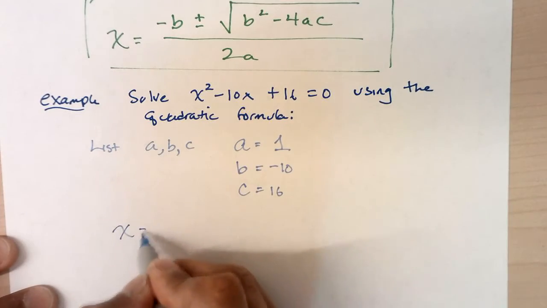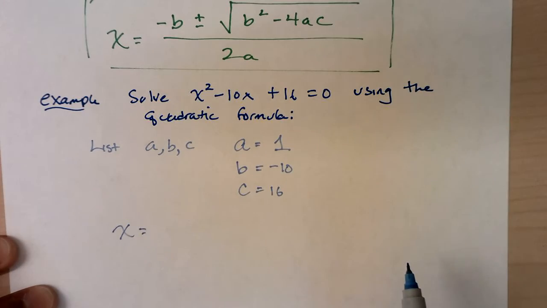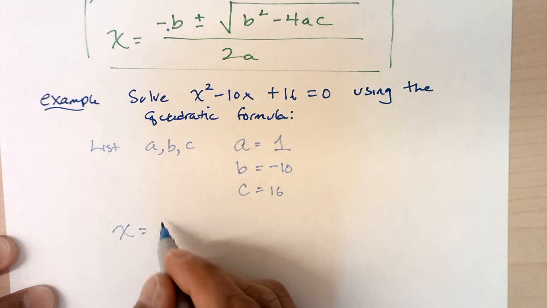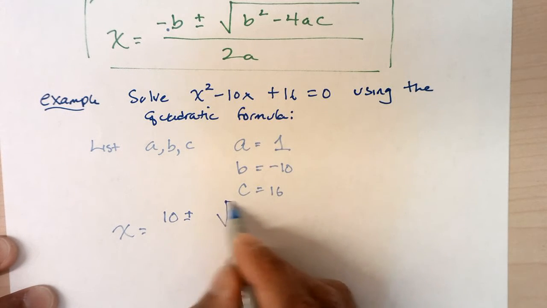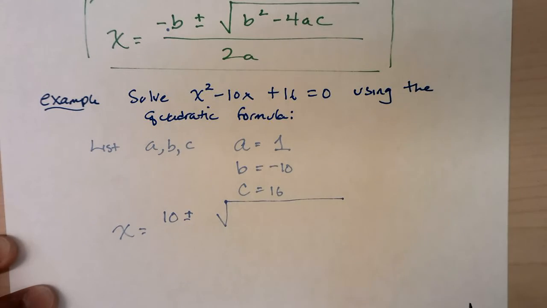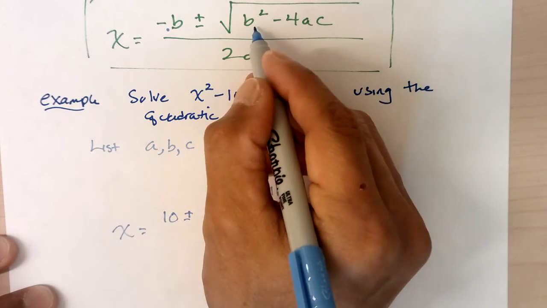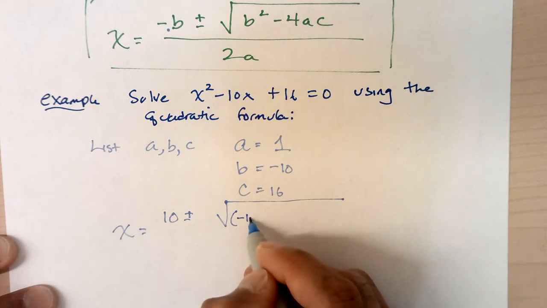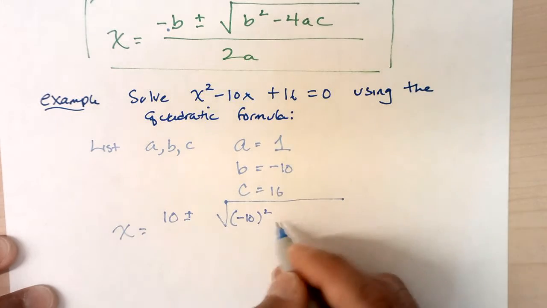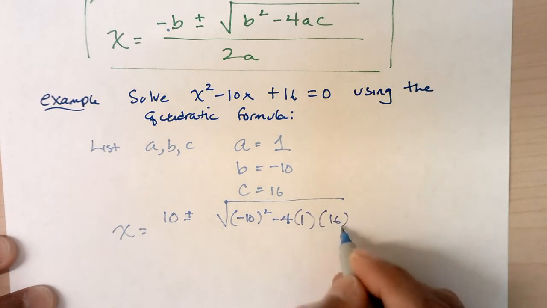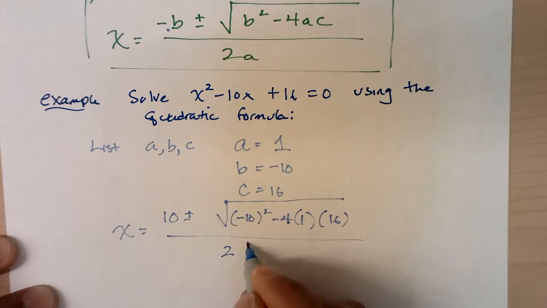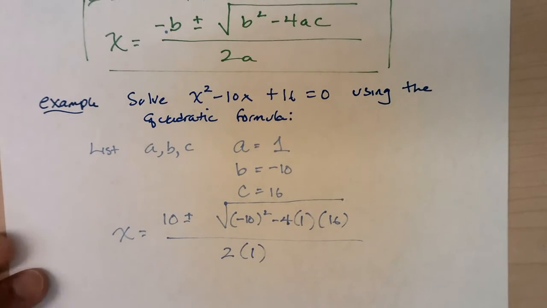So now I'm going to plug the numbers directly into the quadratic formula. So the opposite of b, since b is negative 10, the opposite of negative 10 is positive 10. Plus or minus, we'll talk about exactly what you do with the plus or minus in a minute. But b squared right here, the square root of negative 10 squared minus 4 times a, which is 1, times c, which is 16, all over 2 times a, so 2 times 1.